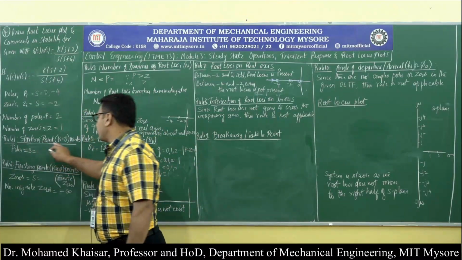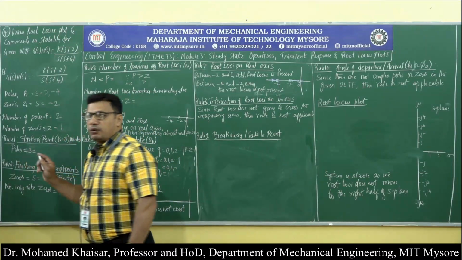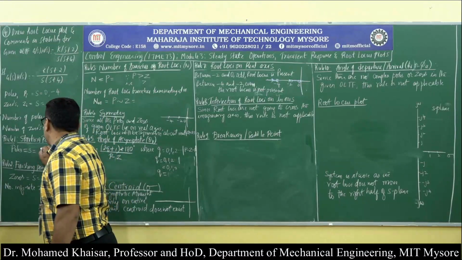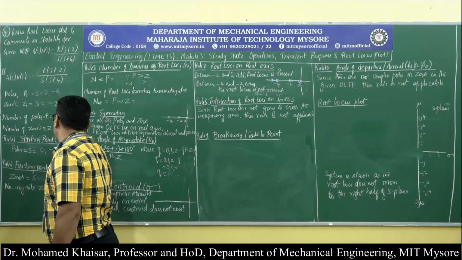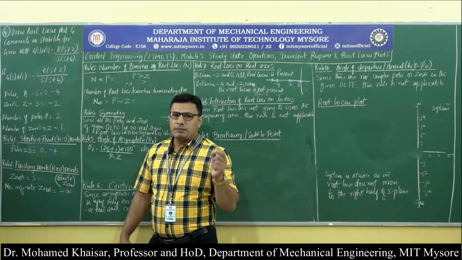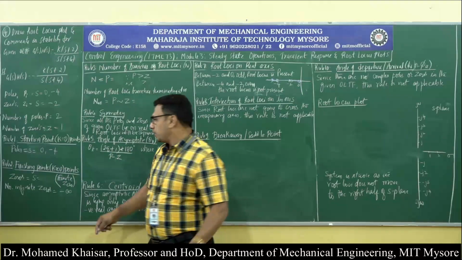Now rule number 1, starting points, that is k is equal to 0 points, and all poles are going to be the starting points. What are the poles we have got? That is s is equal to 0 and minus 4. 2 starting points: one branch of root loci will start at 0, the other branch is going to start at minus 4.